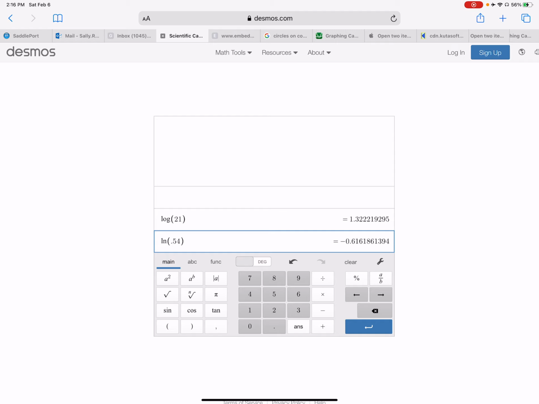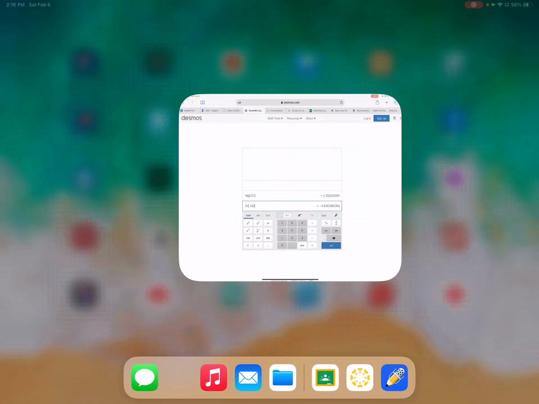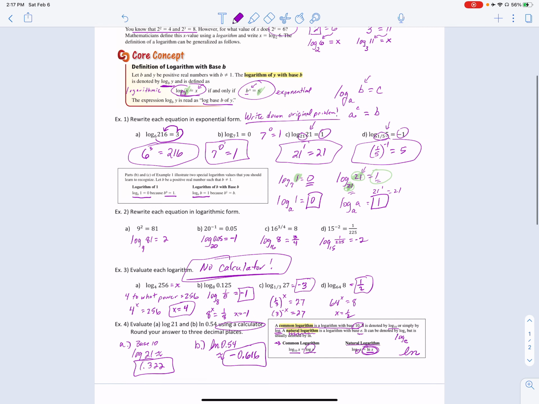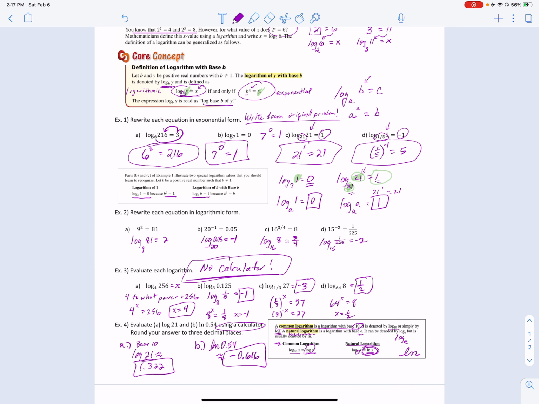And that's negative 0.616 to 3 decimal places, negative 0.616. Sometimes I like to put the 0 in front just to kind of accent where the decimal place is. And that is a calculator problem. But all the rest of these were no calculator. That's it.